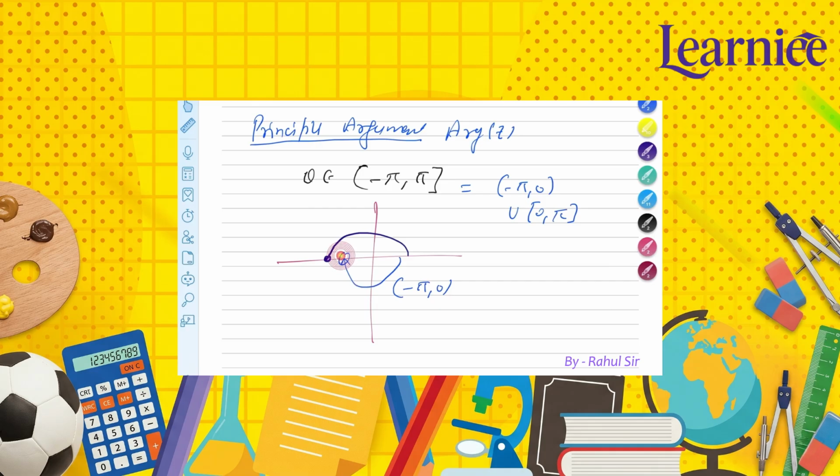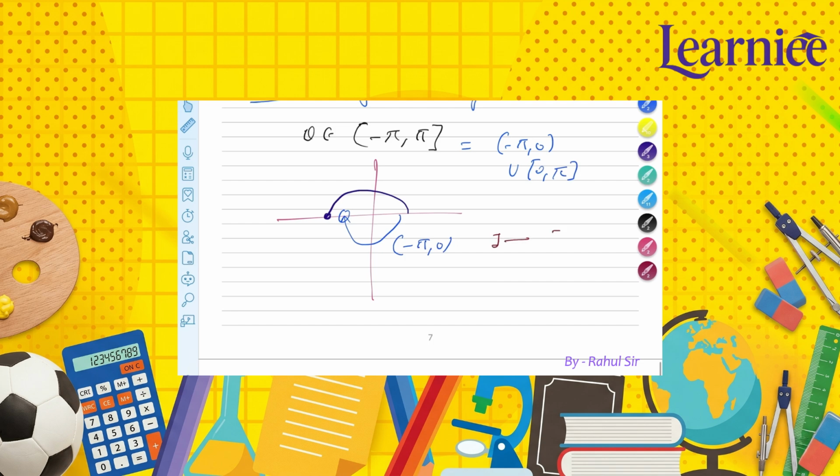Whereas for the third and fourth quadrants, we measure clockwise. The third quadrant is minus pi to minus pi by 2, and the fourth quadrant is 0 to minus pi by 2. So we can see first and second quadrants are measured in the anti-clockwise sense, whereas third and fourth are measured in the clockwise sense.